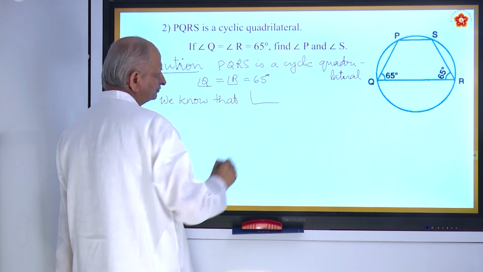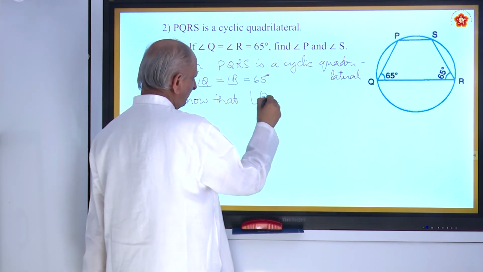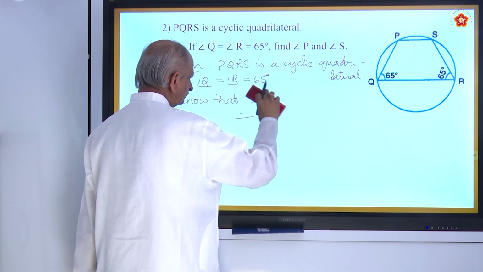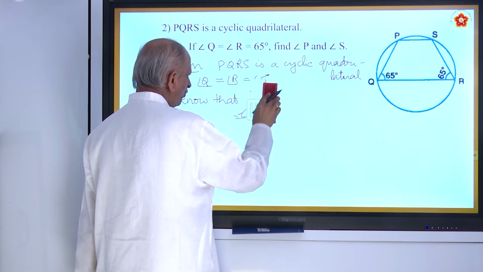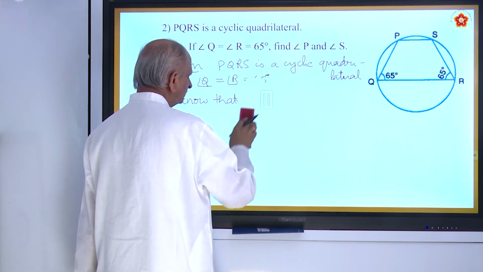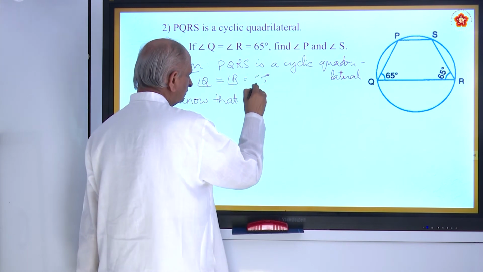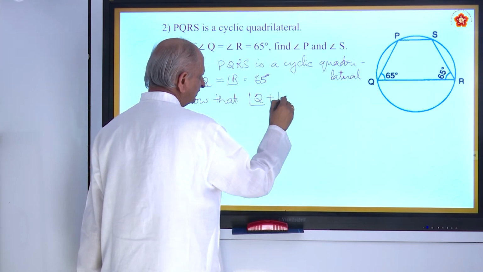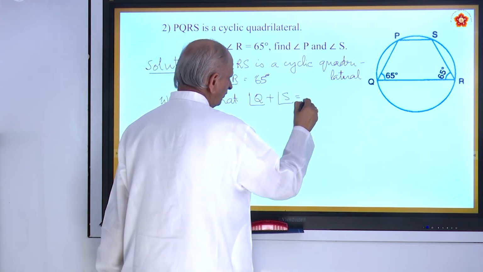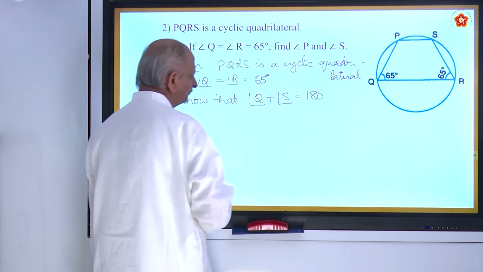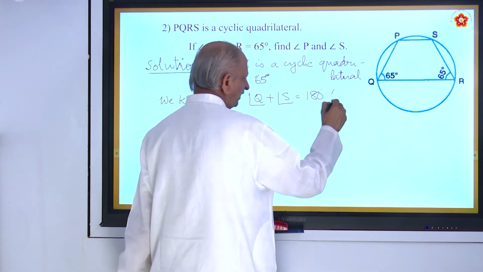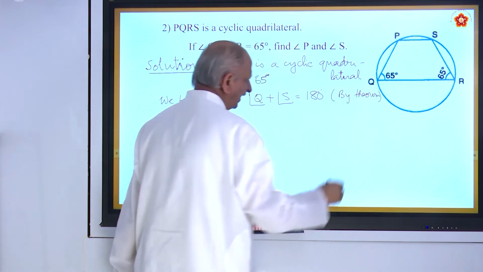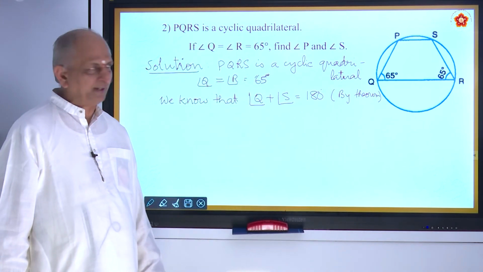We know that angle Q plus angle S is equal to 180 degrees. Is it not? By theorem. What does the theorem say? Opposite angles of a cyclic quadrilateral are supplementary.